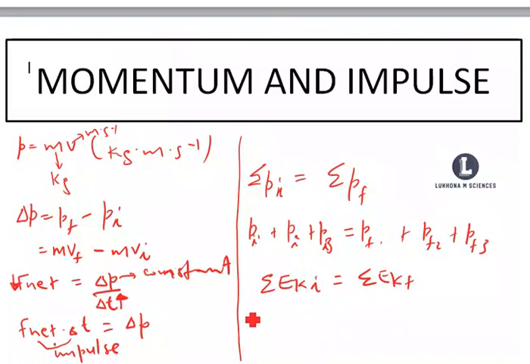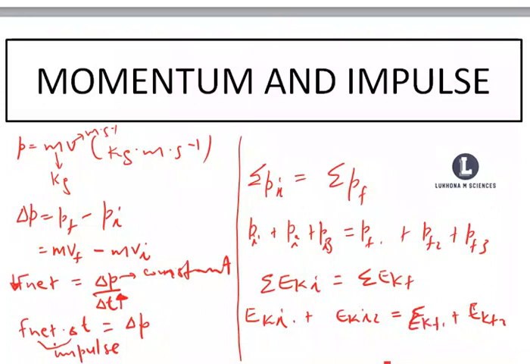The sum of EK is EK initial of object 1 plus EK initial of object 2 plus 3, and so on, which is equal to EK final for object 1 plus EK final for object 2, right?